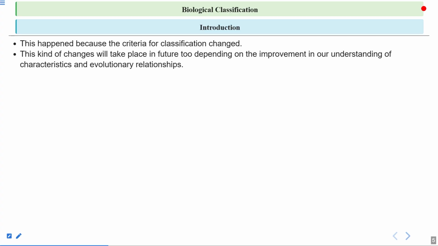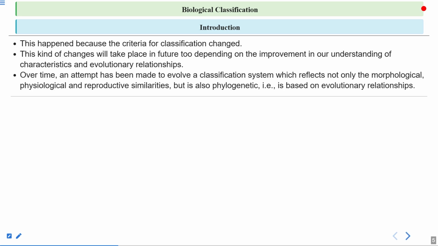We are including a lot of molecular data now. Genetic studies are being done. Now the technology has been improved. We have better microscopes and better technology, so we can better understand the organisms now. That's why the classification is changing, and it will change in future also. Clear?